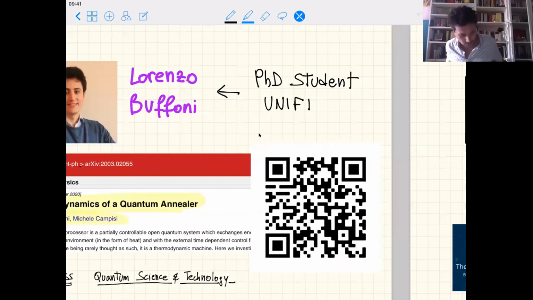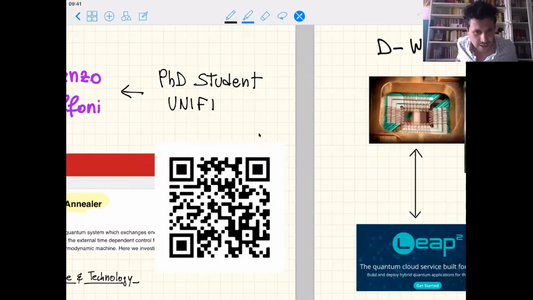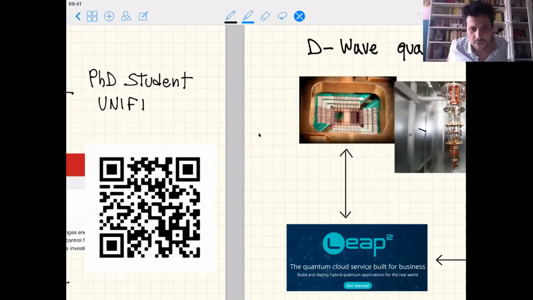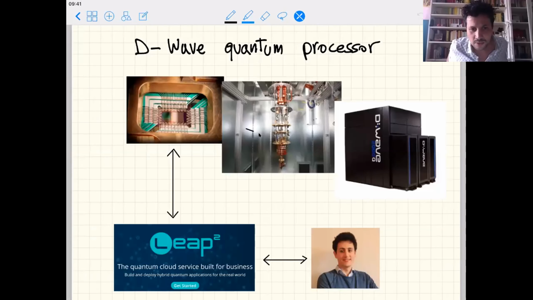Just briefly, let me tell you a few words about the processor. You see a picture of the chip. Of course, the technology here is not semiconducting technology, but superconducting technology.